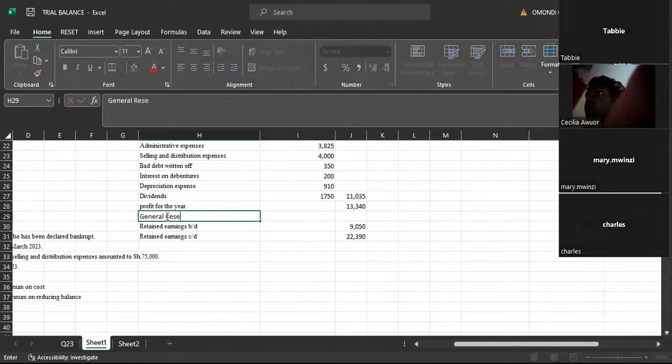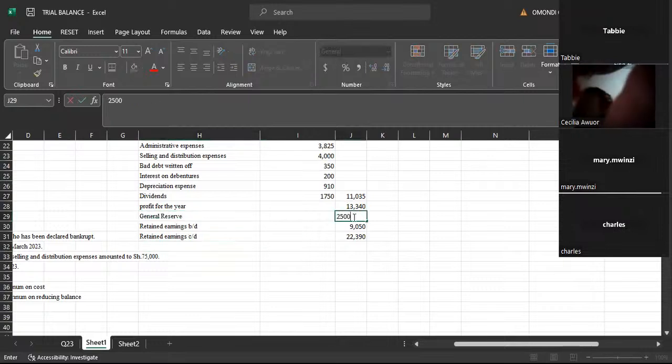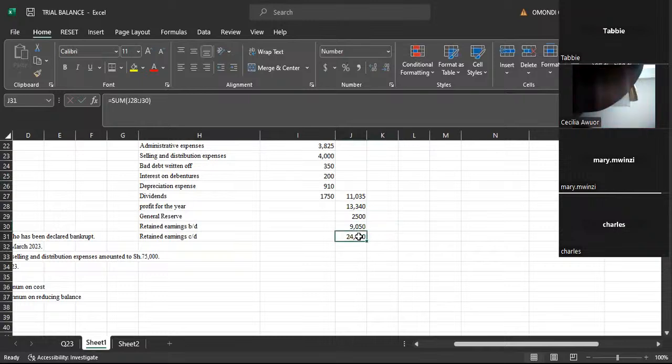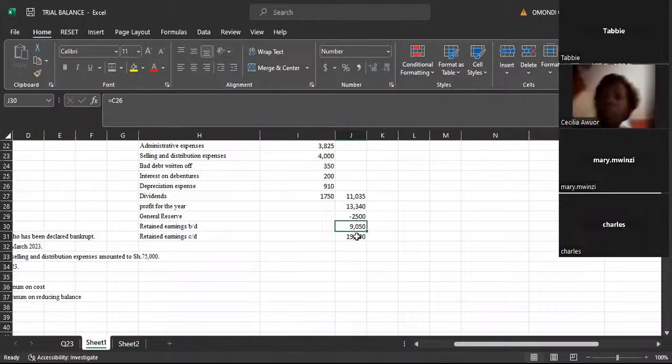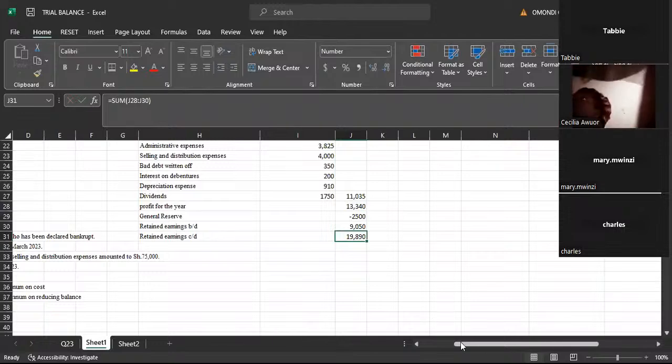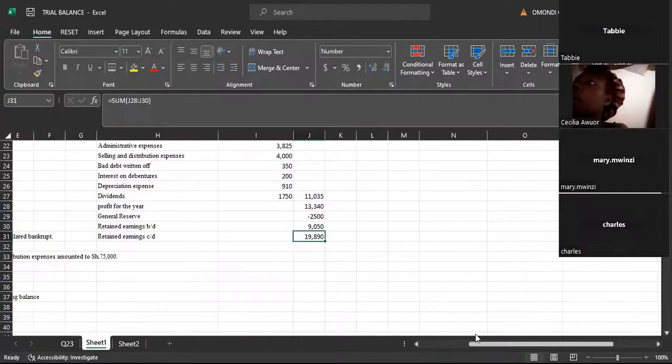We can have general reserve of 2,500. Of course, it reduces the profit for the year that we're going to transfer there. So what we can do is basically indicate a negative there. Then we'll take good care of this value here.